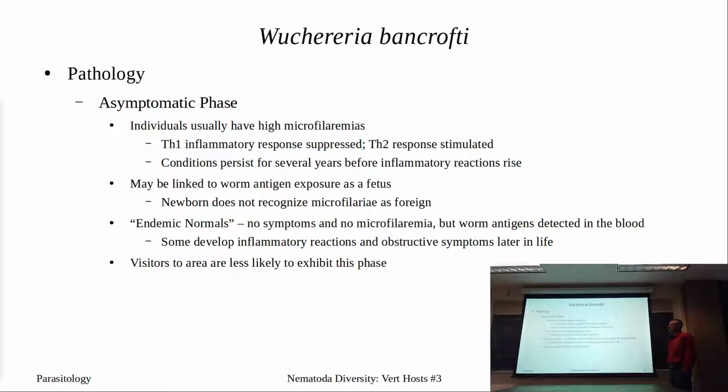So the guess is that the microfilaria are probably going to be successfully eliminated with the Th1, but that gets suppressed. We suppress it, or the worm suppresses it. And this is going to exist for several years before we start to see inflammatory reactions increase.